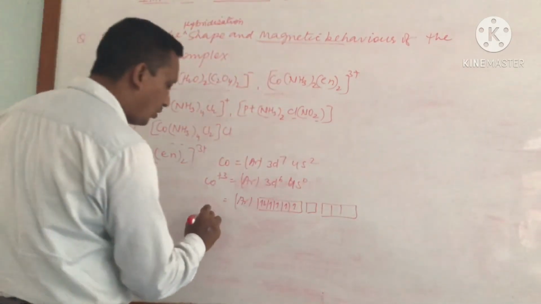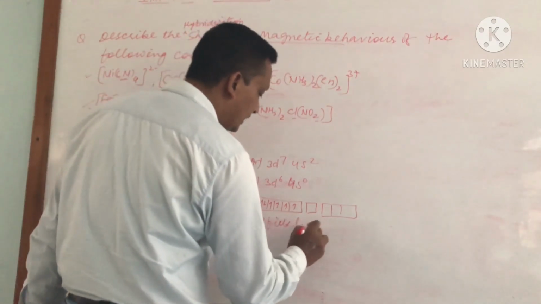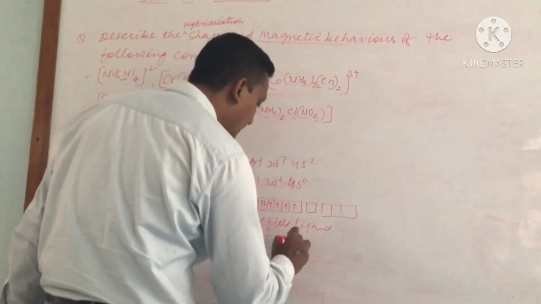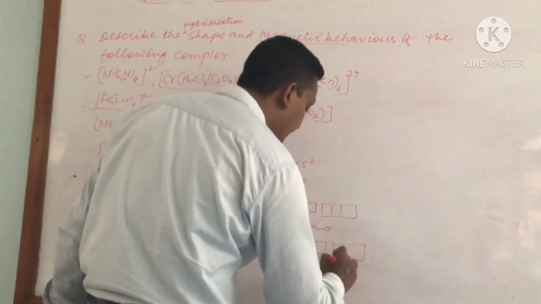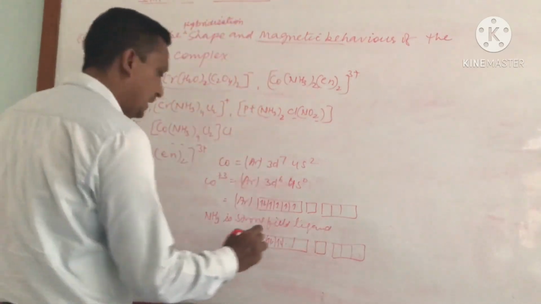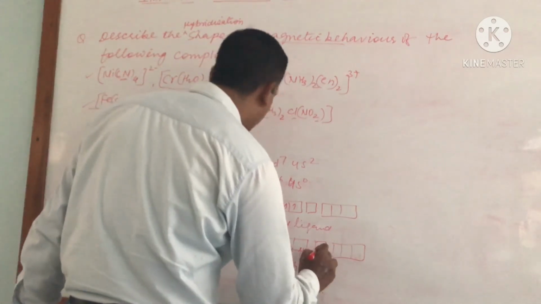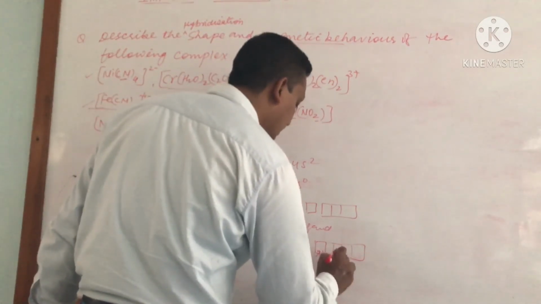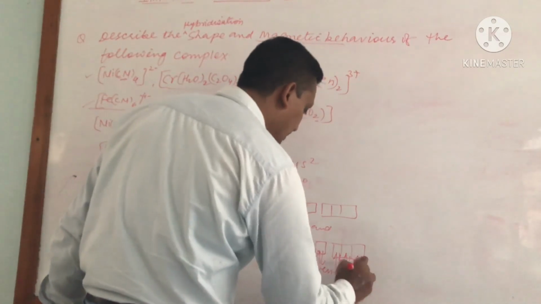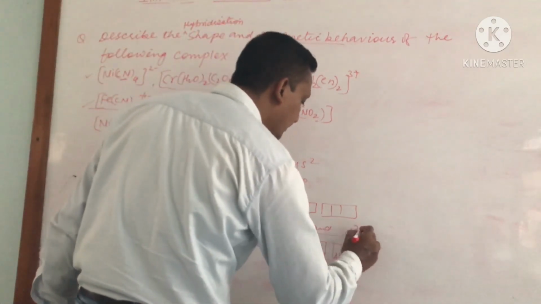But we know that NH3 is a strong field ligand, therefore the electrons would be paired up, 1 2 3 4 5 6, and we get 6 vacant orbitals, and in these orbitals NH3 and en would provide the pair of electrons, and we get d2sp3 hybridization.